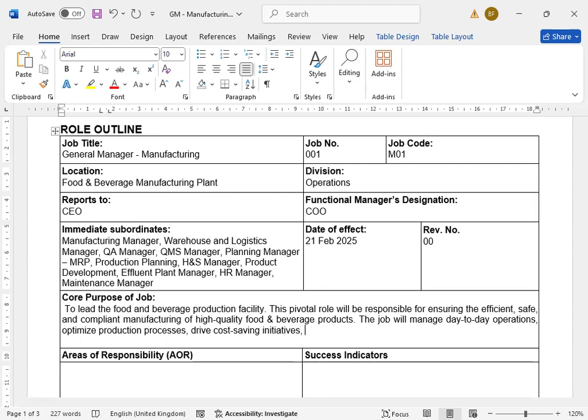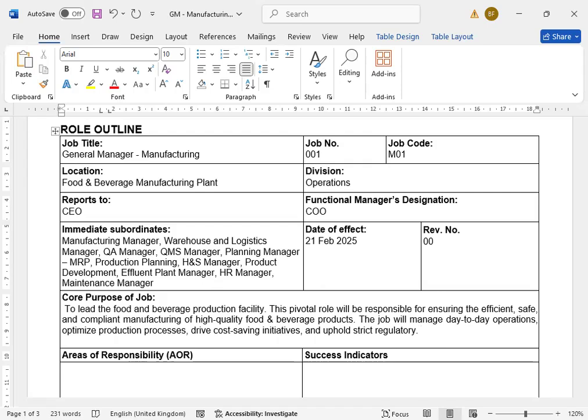and uphold strict regulatory standards like FDA, ISO, SQF, HACCP standards.